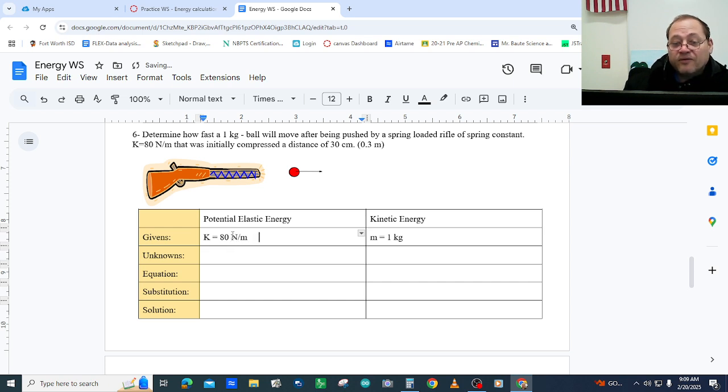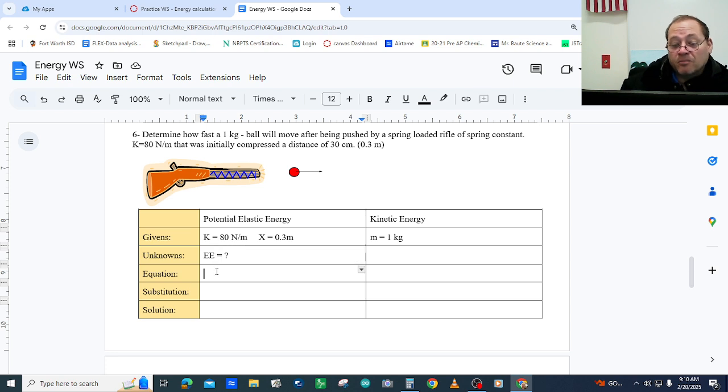And we also have the stretching distance x, which is 0.3 meters. They're asking us for the elastic energy of the spring, because that will be equal to the kinetic energy of the ball eventually.